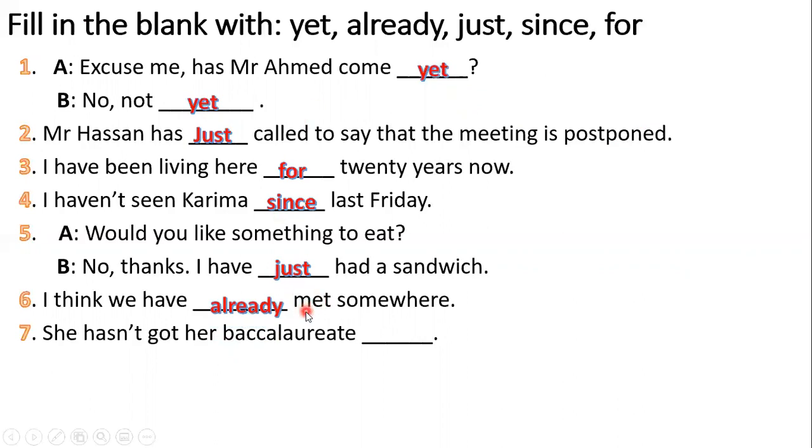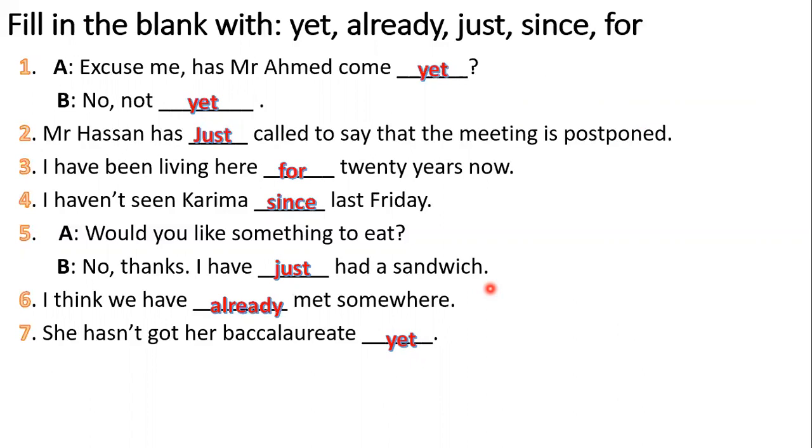Met is the past participle of the verb to meet. Number 7, excuse me. She hasn't got her baccalaureate yet. Good luck for all those who are taking the baccalaureate exams this year. Don't let the opportunity slip from your fingers, please.